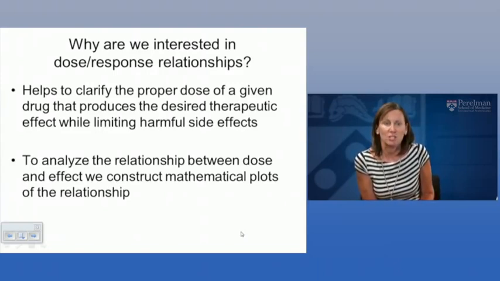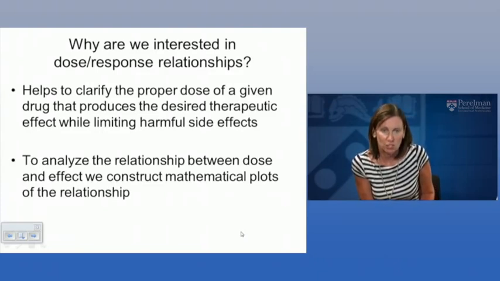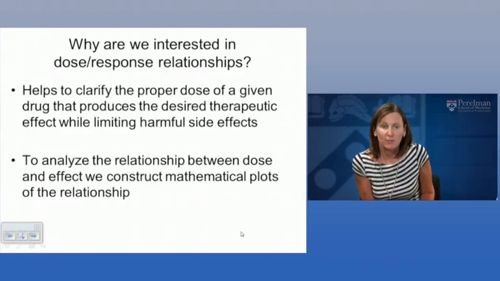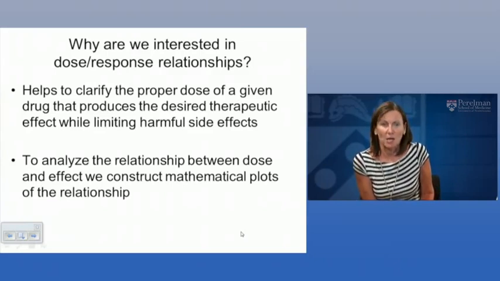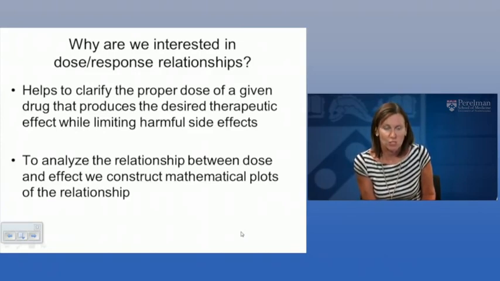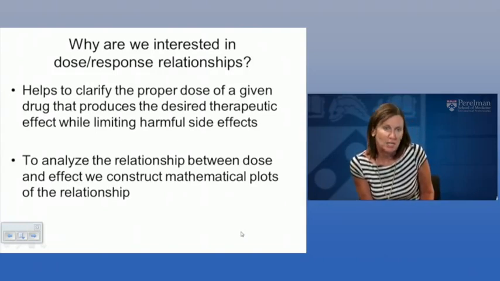Before we get into the discussion of dose-response relationships, let me just re-emphasize the concept of efficacy as well as toxicity. Depending on the scenario in which we are treating a patient, we have a certain threshold of toxicity that is acceptable to both the patient and to us as the healthcare provider.